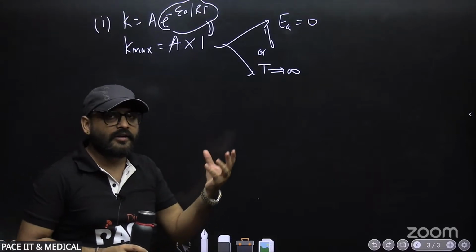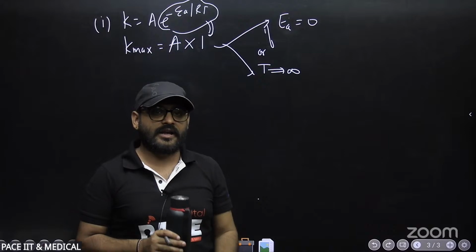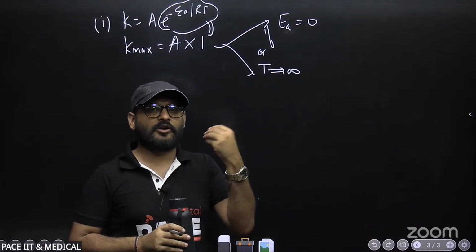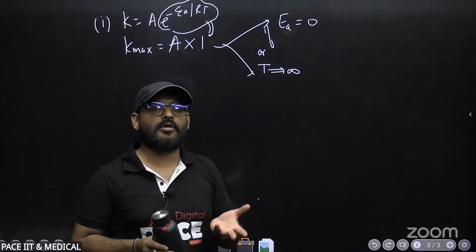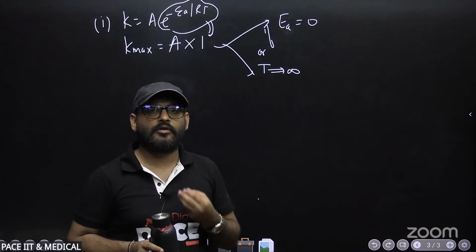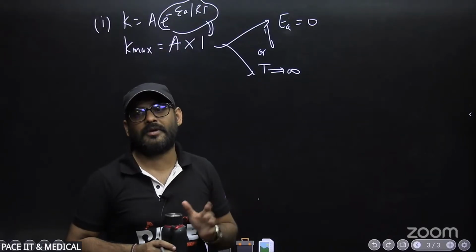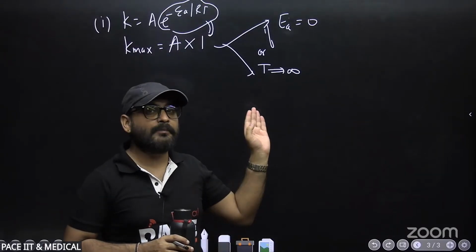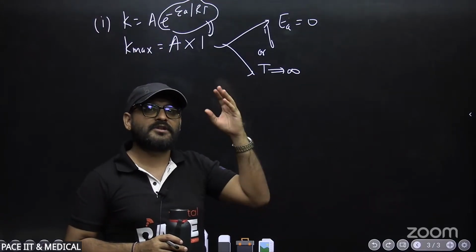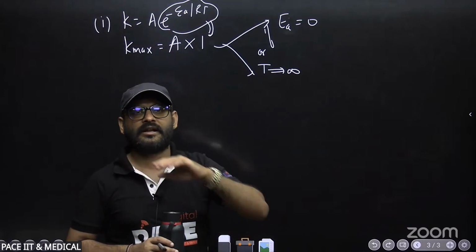Now feel it: if the cutoff is reduced to 0, let's say some magical things are happening in your exam and the cutoff is 0, all the people appearing will cross the barrier, assuming no one is getting negative marks. And if temperature is increased to infinity, that means their energy is much bigger than the required energy, so all the molecules are crossing that energy barrier.